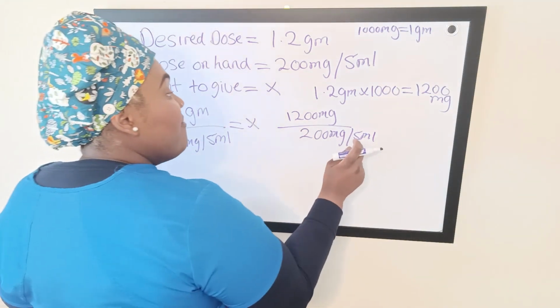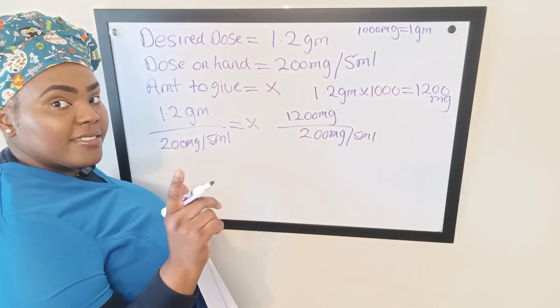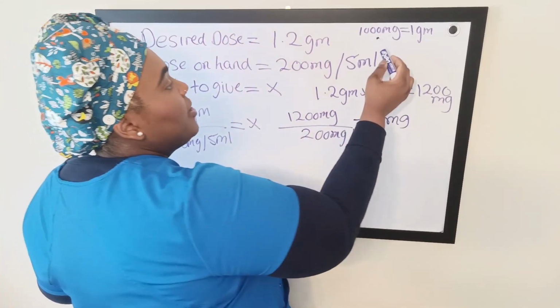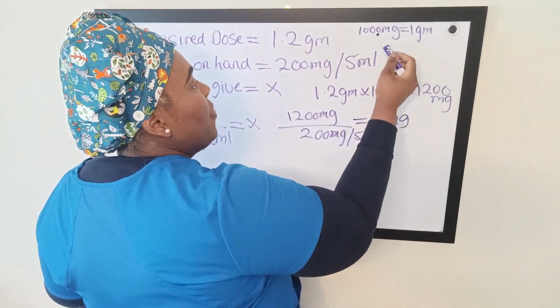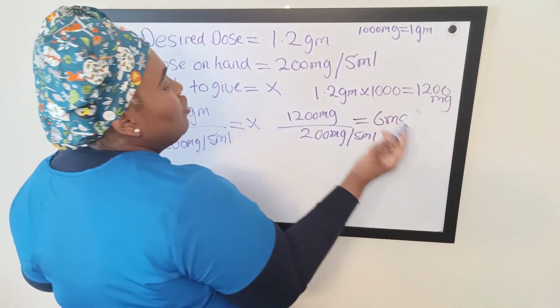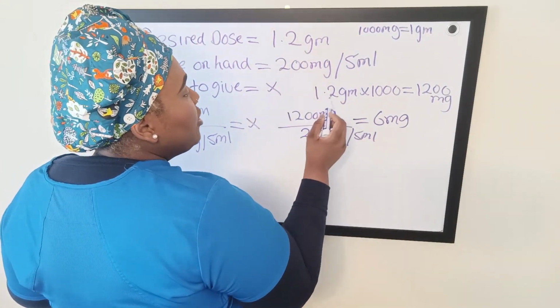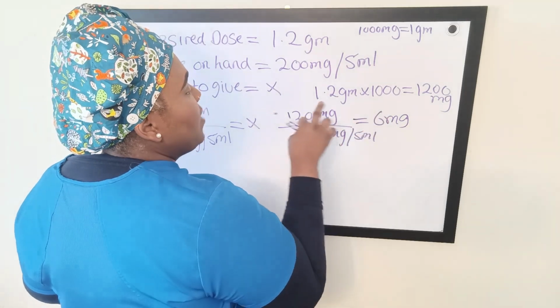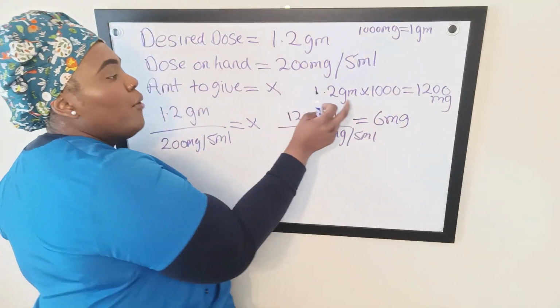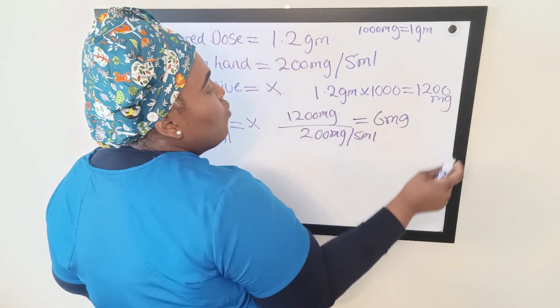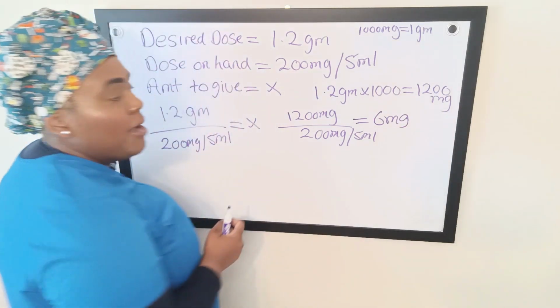Every 5 mil is giving us 200 milligrams. When we break down how many milligrams in a gram, 1,000 milligrams equals a gram. Now we need to know how much 1.2 grams is in milligrams. So we multiply 1.2 by 1,000, which will give us 1,200 milligrams.